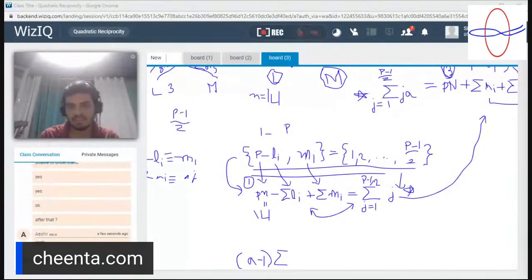Again, this might be a little bit difficult to follow, so let me write the left hand side of this as capital A, right?